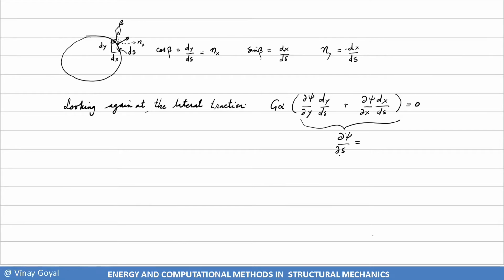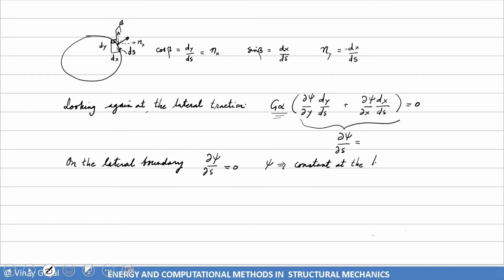And so as a consequence, if G alpha is not 0, then I must have on the lateral boundary the partial of C with respect to s equal to 0. So we conclude that C must be constant at the boundary.